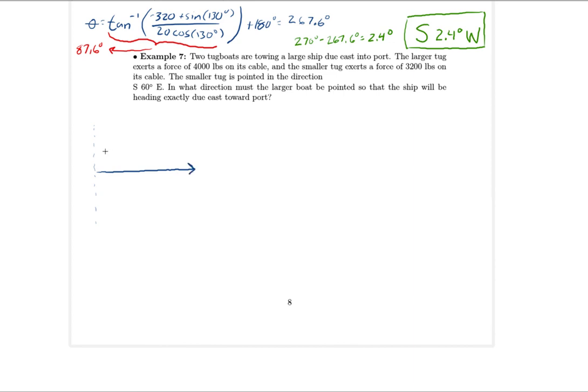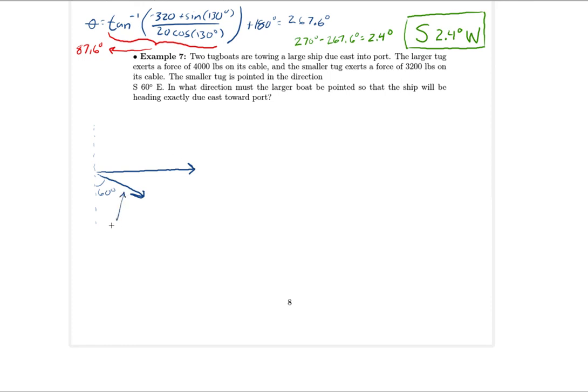And I know that I've already got one that's going 60 degrees east of south. So that's going to be something like this, or that's 60 degrees.